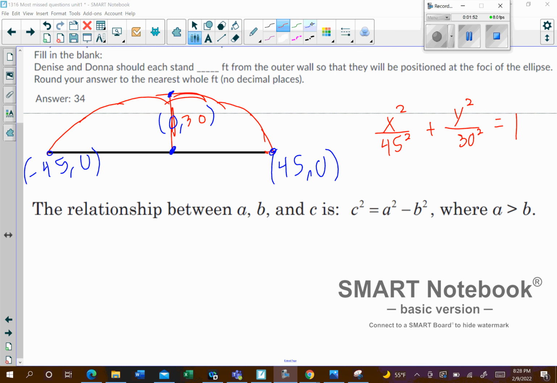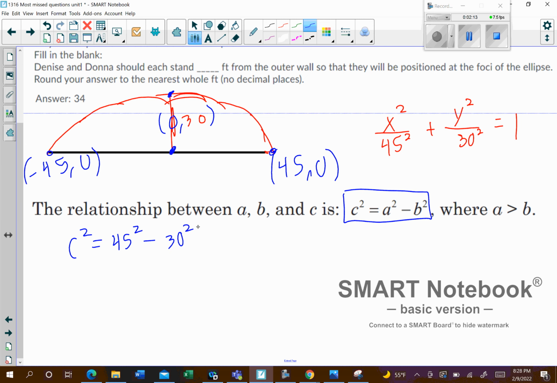Then we just need to do the formula to figure out the distance of the foci on each side, our c value. So c squared is equal to 45 squared, take away 30 squared. I'm going to need my calculator.